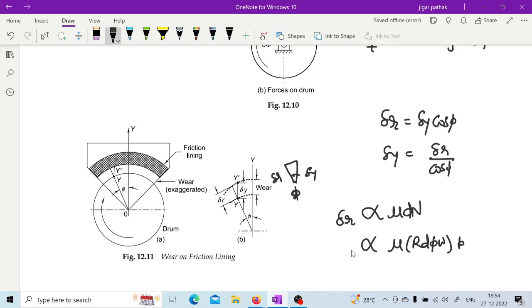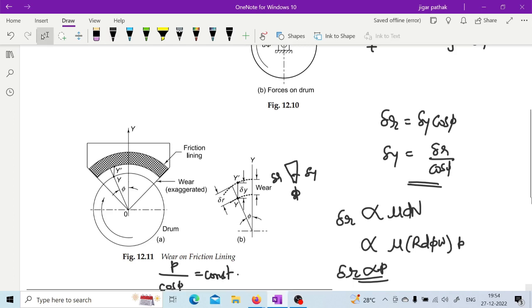So from this you can write that delta r is actually proportional to p. So here in place of delta r you can write p. So from this and this relation what you can write is p by cos phi is equal to constant.